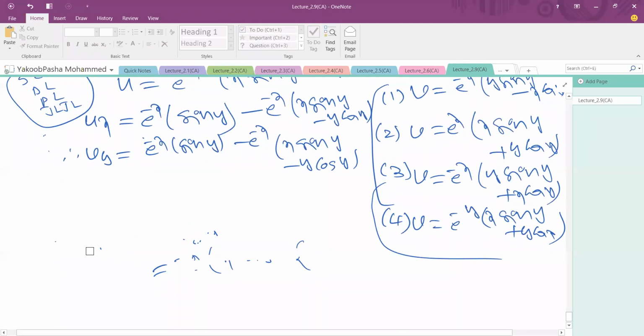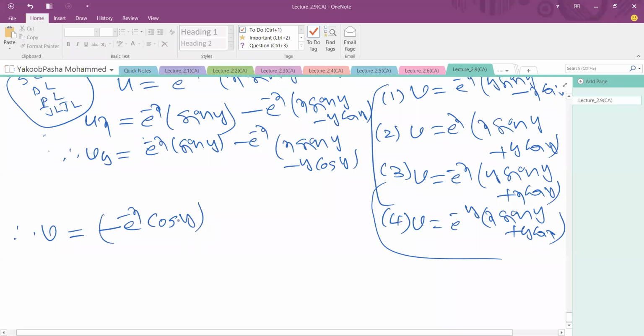Here, integrating with respect to y, we will get the v value, that is the harmonic conjugate of u. So v is equal to the integration of sin y, which is minus e power minus x into cos y.